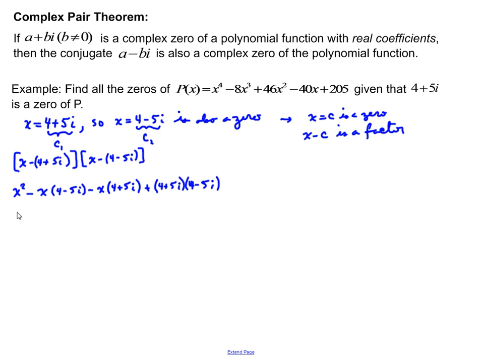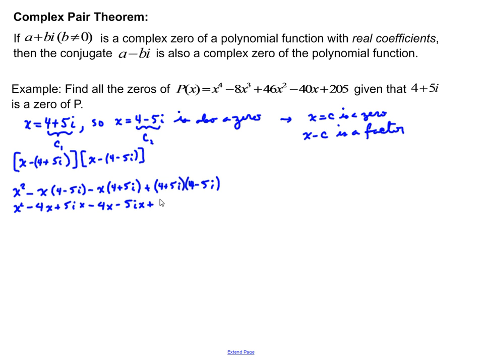And you're looking at that and going, well, boy, that seems kind of long. But it's all right. It'll shorten up. Watch. X squared minus, distribute your x. So minus 4x plus 5i times x minus, distribute your x again, minus 4x minus x times positive 5i, so that's minus 5ix.